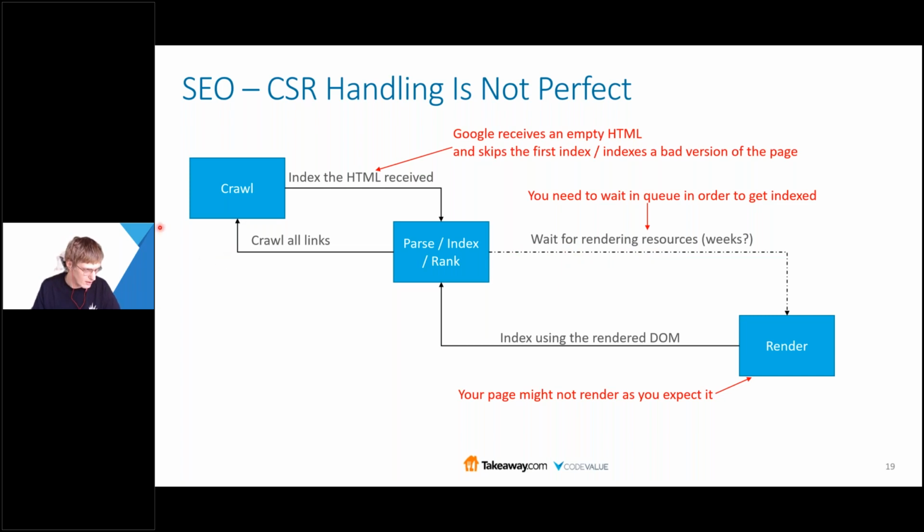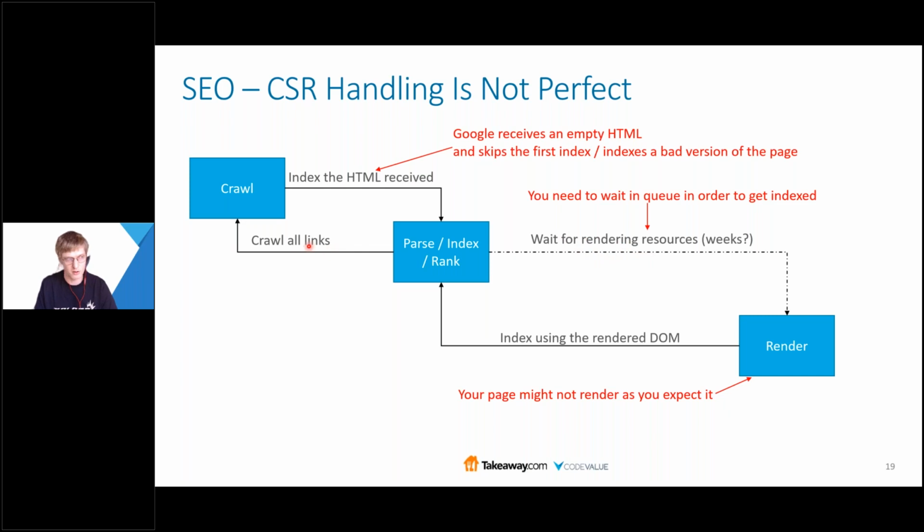Daniel Krosner asks, Google experts claim that their robots are getting better and better in understanding JavaScript. Yes, that's very, very important. It's true. When Google renders your website today, it would probably render it correctly. So this part becomes much less important. The main question is if you want to wait in this queue.